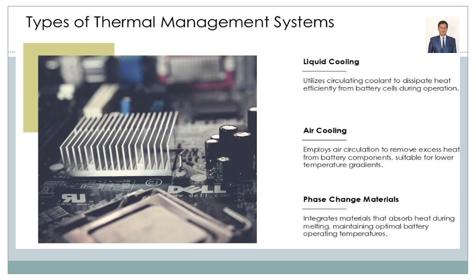The phase change material absorbs the heat during melting and also maintains the optimal battery operating temperature. So these are the various types of cooling methods which can be incorporated in the BTMS.